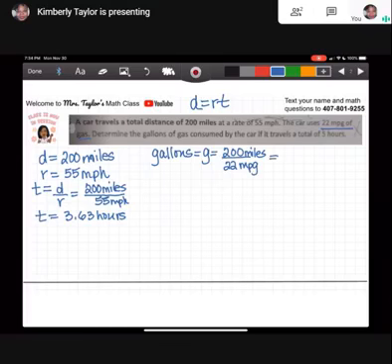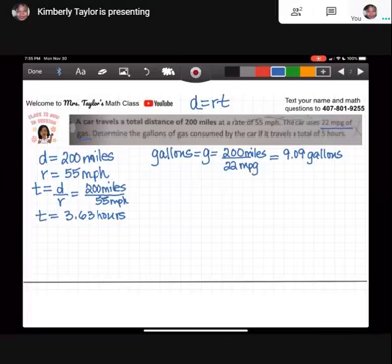Okay, this came out to be about 9.09 gallons. That's how much was used. So at this point, we really have like a gauge or a proportion that we can use to basically find out how many gallons we would need for 5 hours of travel.